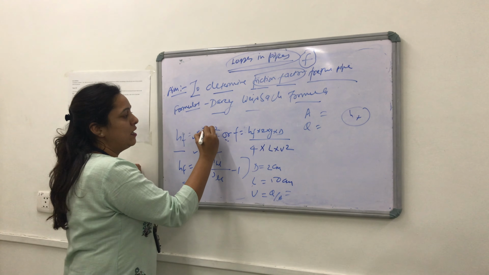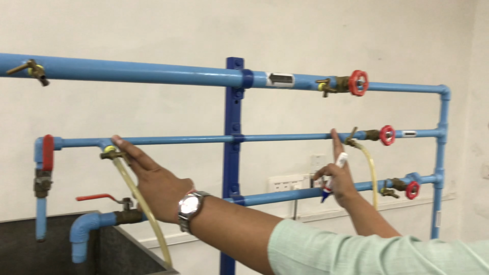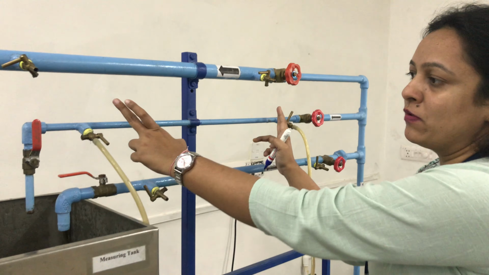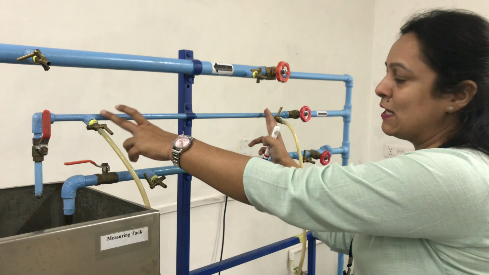So for the same, L is length. So what is this length? This length is, I just show it to you, which I told you while performing the experiment. This length is the length between these two pipes, or we can say these inputs, or these points only.